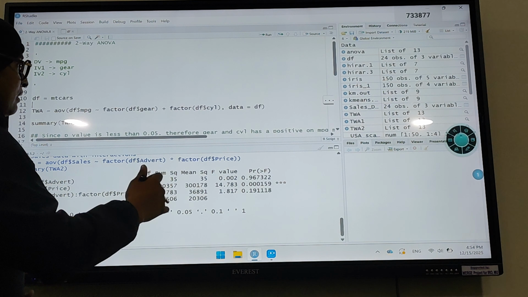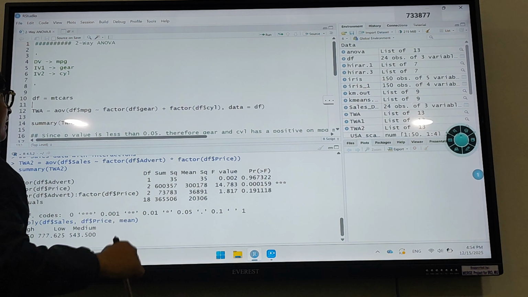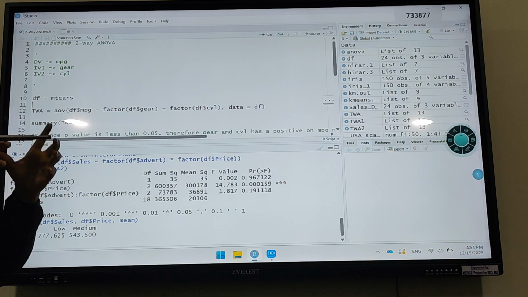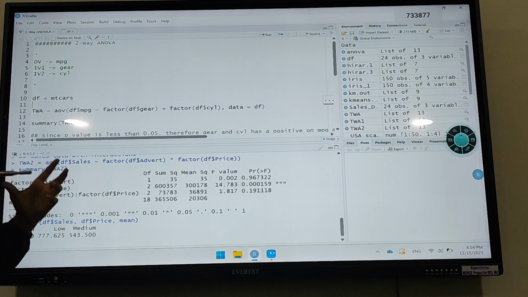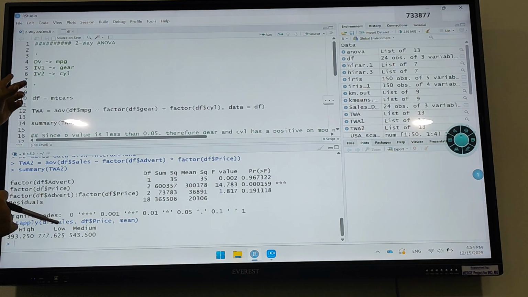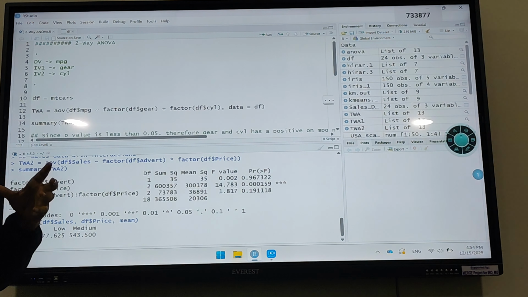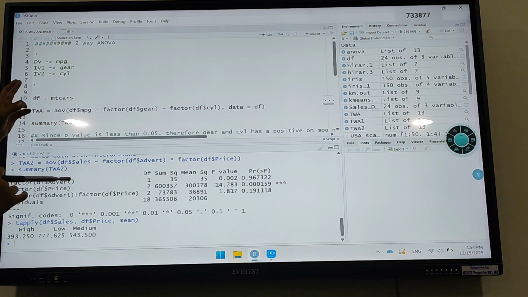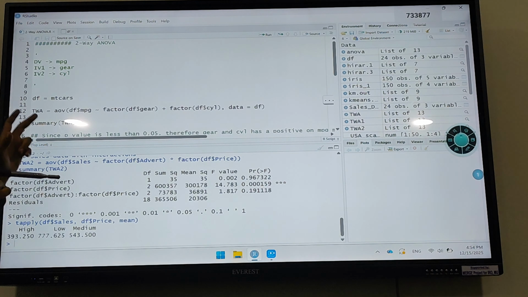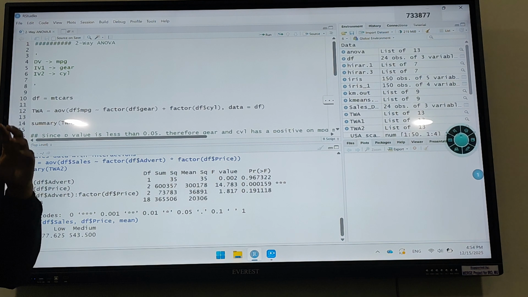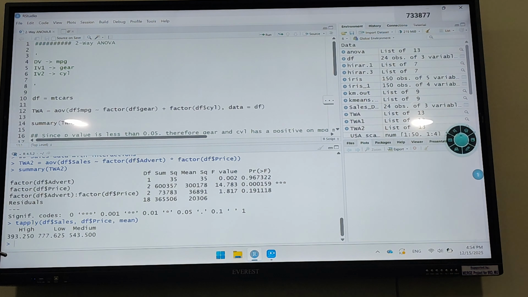So we are taking MPG as the dependent variable and gear as an independent variable. That gear has three or more categories, and another independent variable, cycle, also has three or more categories. In this kind of situation we use two-way ANOVA.